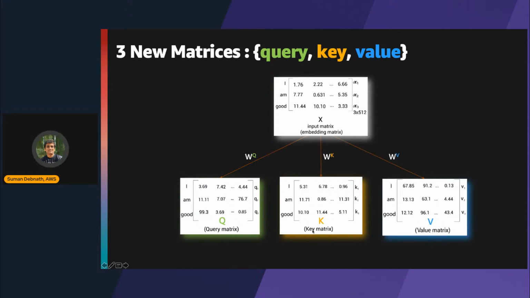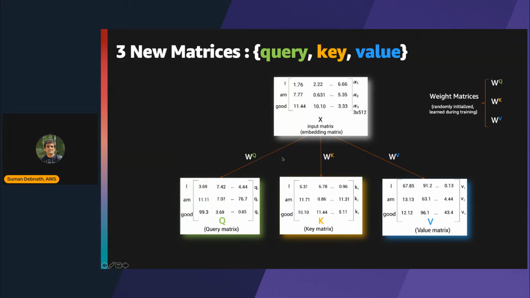Now how are we going to create these? We are going to create them using weight matrices called WQ, WK, and WV. These are the matrices which will be trained during the training process. All we do is simply multiply these weight matrices with the input matrix.